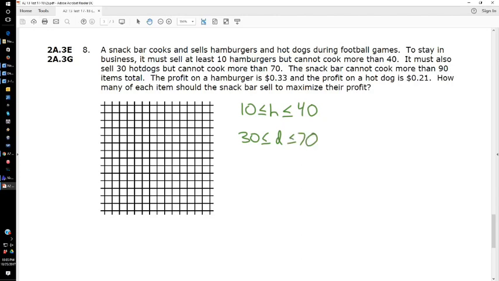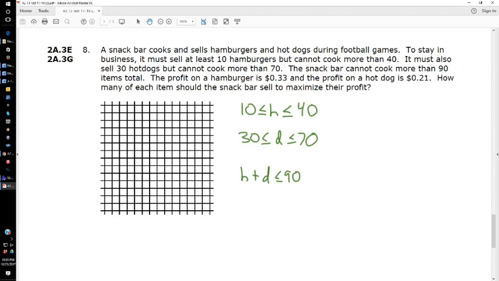Okay. The snack bar cannot cook more than 90 items total, so hamburgers plus dogs must be less than or equal to 90. All right.